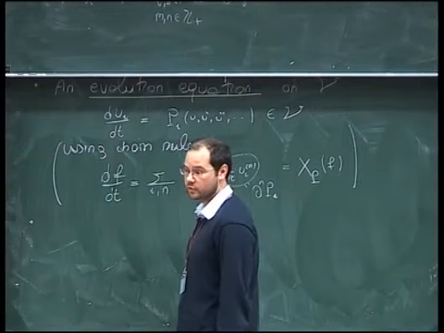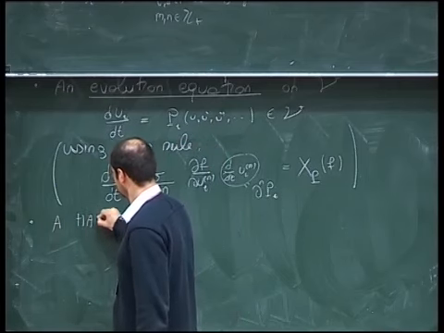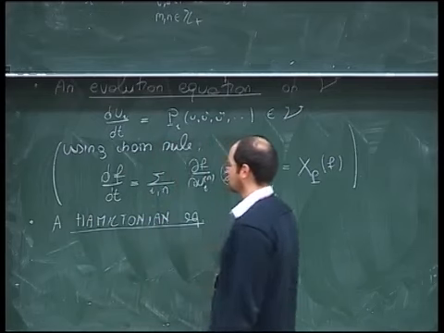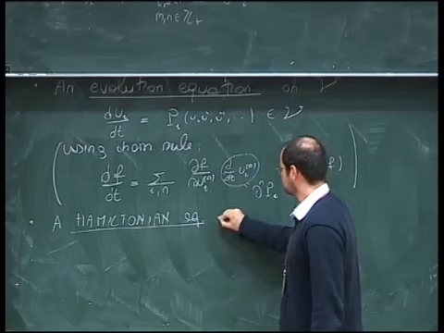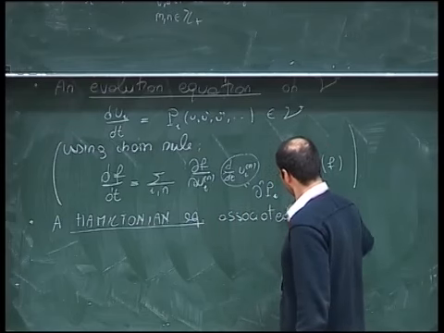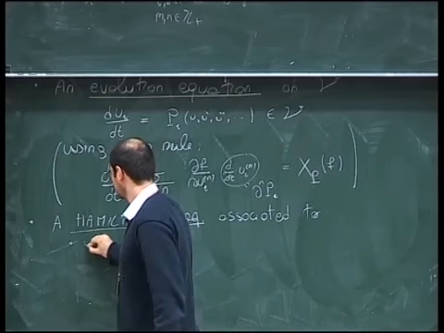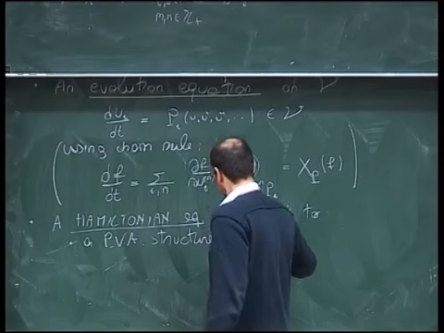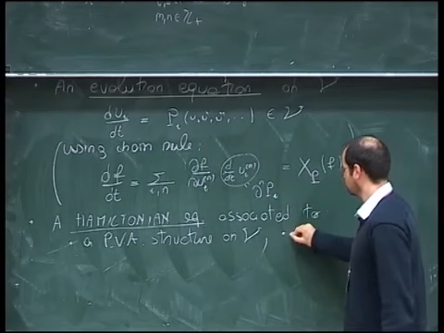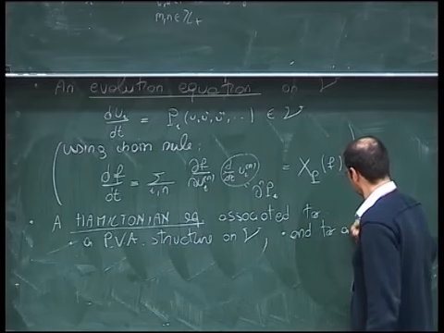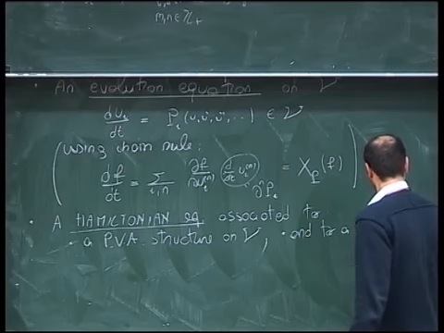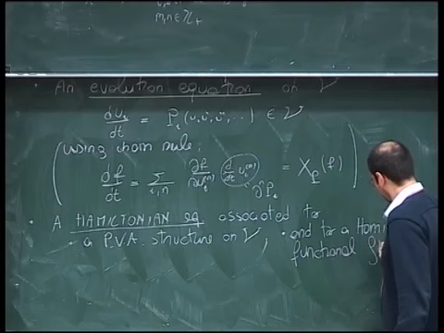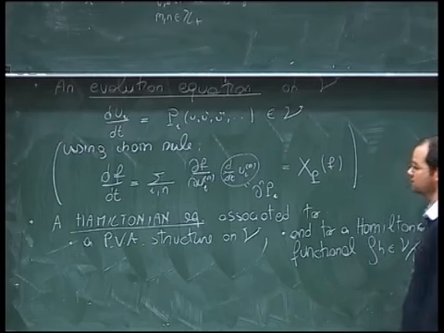What is a Hamiltonian equation? A Hamiltonian equation is associated to a certain Poisson vertex algebra structure on V, and to a certain local functional, which we call Hamiltonian functional, the integral of h in the quotient V mod dV.